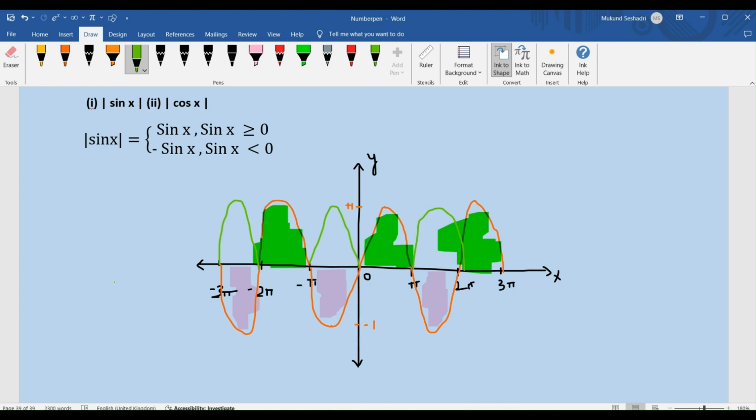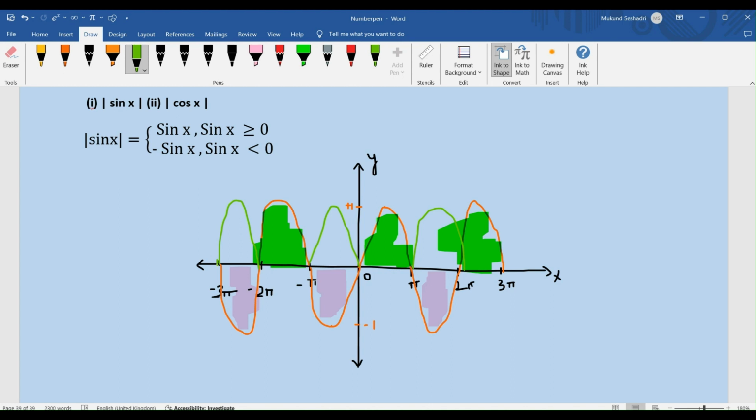Right. So you remember mod of sin x is never negative. So these regions which we have highlighted in pink are now represented by the green curve. I hope you understood how this function mod of sin x gets transformed from sin x.